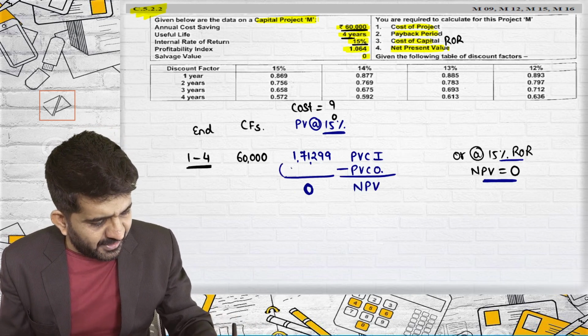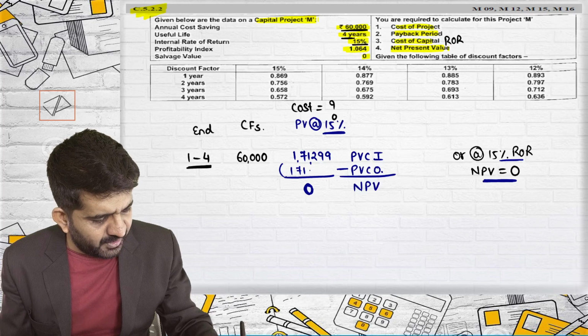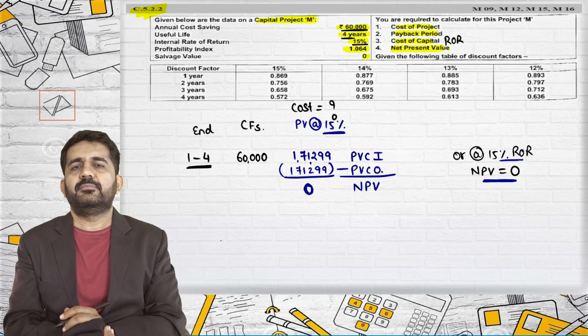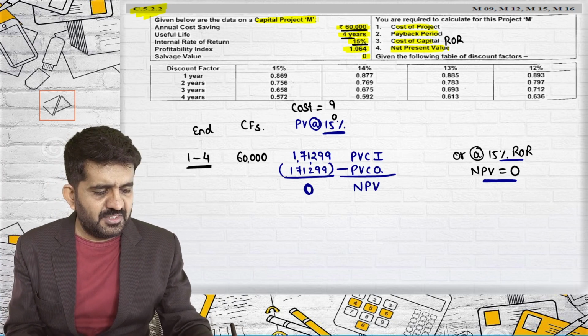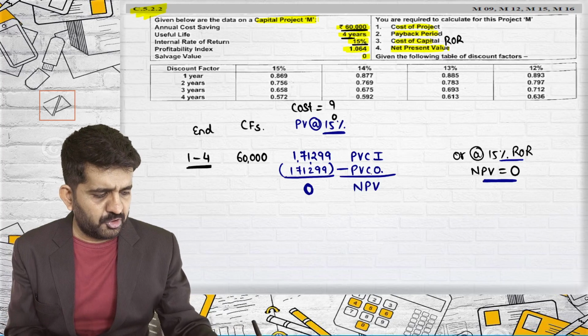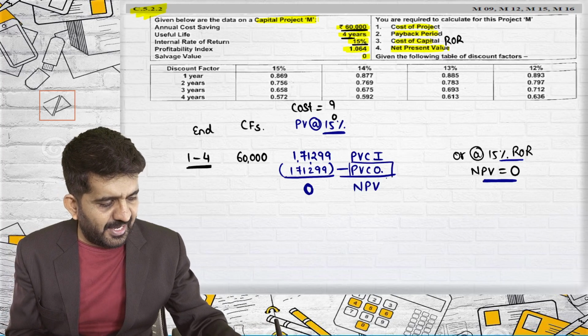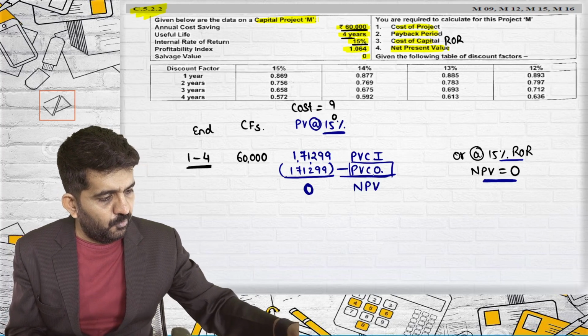So what will be my present value of cash outflow? 171,299, or approximately 1,71,300.